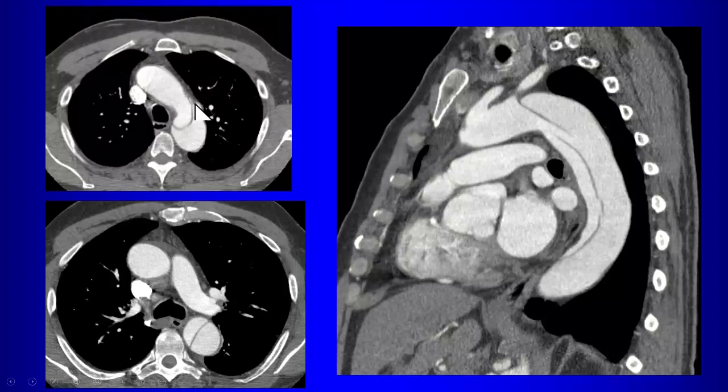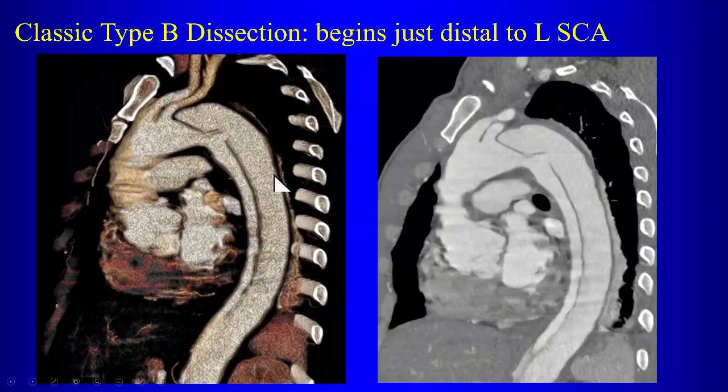Yeah, so in this case, the ductus diverticulum is coming off of the false lumen because of the way the dissection itself has propagated. In these classic type B dissections, they tend to start right at the origin of the left subclavian artery.